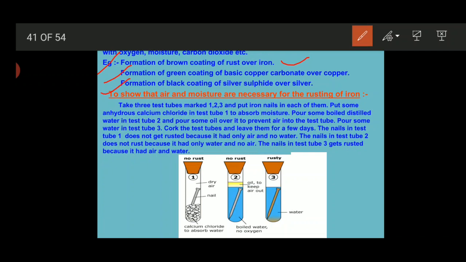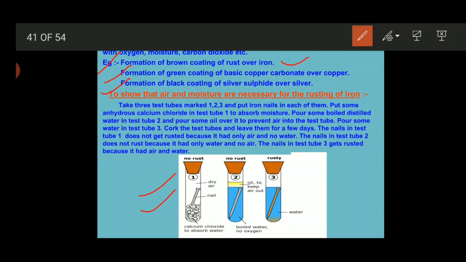Now let's see how rusting takes place. To show that air and moisture are necessary for the rusting of iron, take three test tubes marked 1, 2 and 3 and put iron nails in each of them. With the help of the figure you will understand.